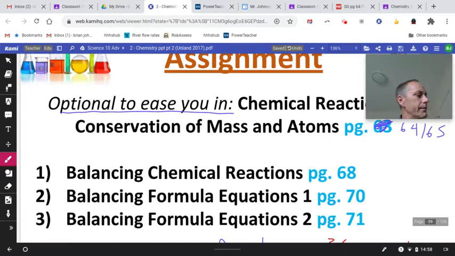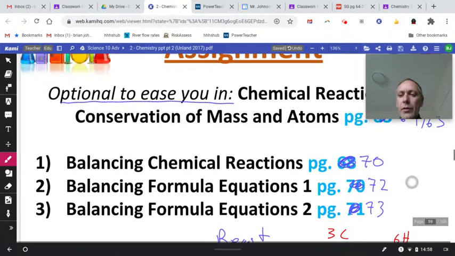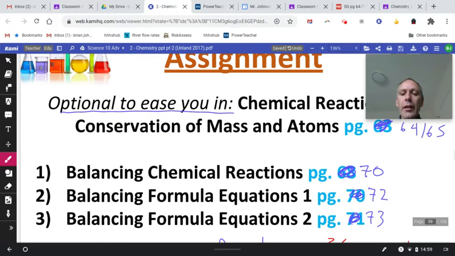Where are we here? Balancing chemical reaction equations. Okay, so it is page 70, 72, and 73. And answers to this will be posted in Google Classroom for you to check.